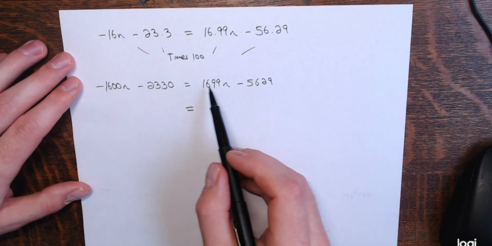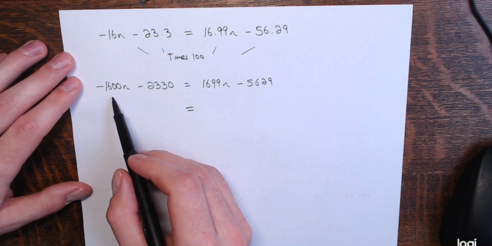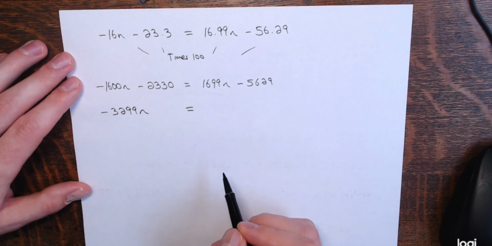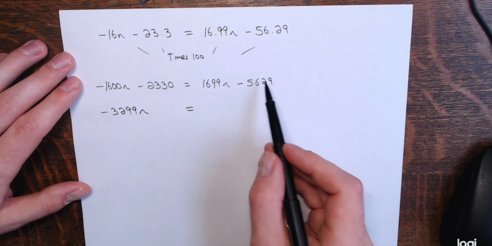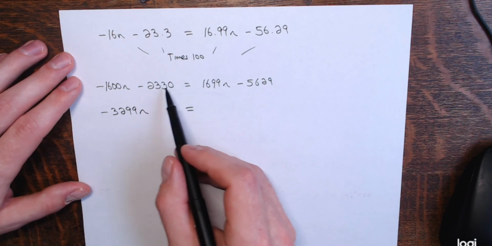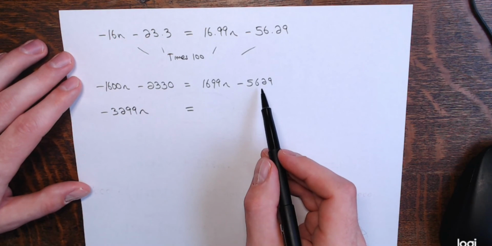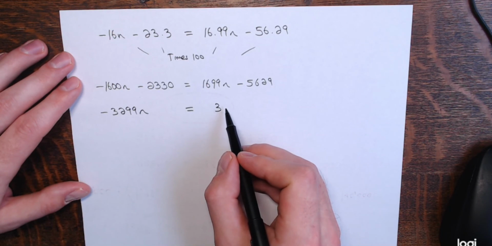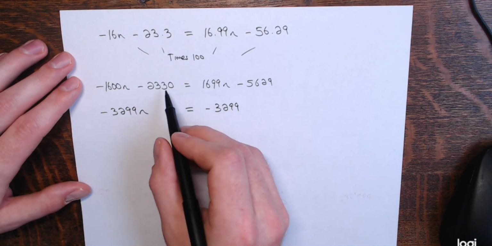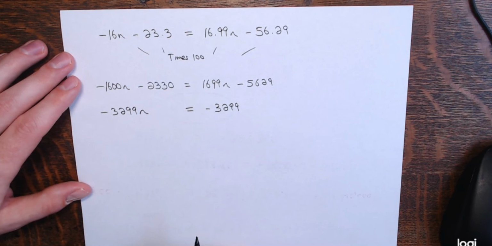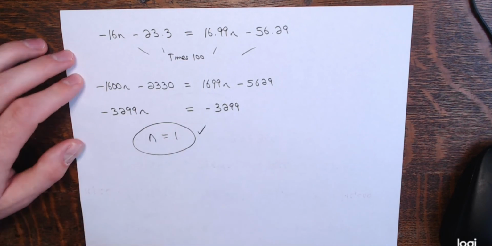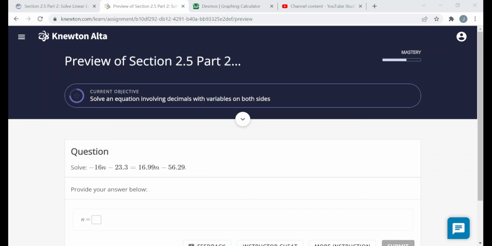I'll subtract the 1699, so that'd be negative 3299n, and then add the 2300, and that would be... Nope, negative 3,299, right? Negative 5,000 plus 2,000, negative 3,299. So I'm hoping you see that n equals positive 1, right? Dividing anything by itself would be 1. So the solution to that equation is 1.